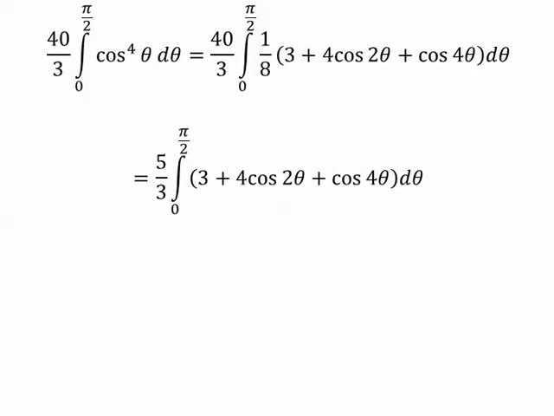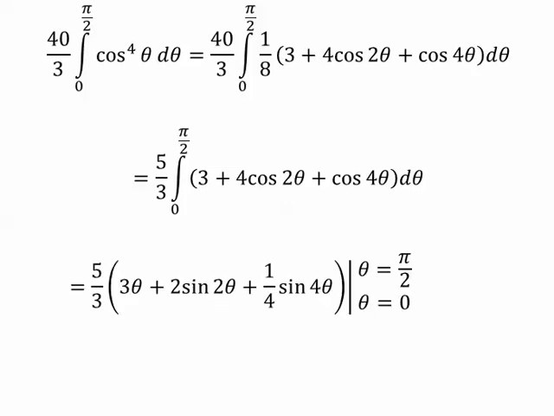We're now finally ready to integrate. So integrate with respect to theta. Integrating with respect to theta, I then evaluate, theta being 0 to theta being pi over 2. Now notice when you evaluate for theta being pi over 2, your second and third term are both going to be 0.